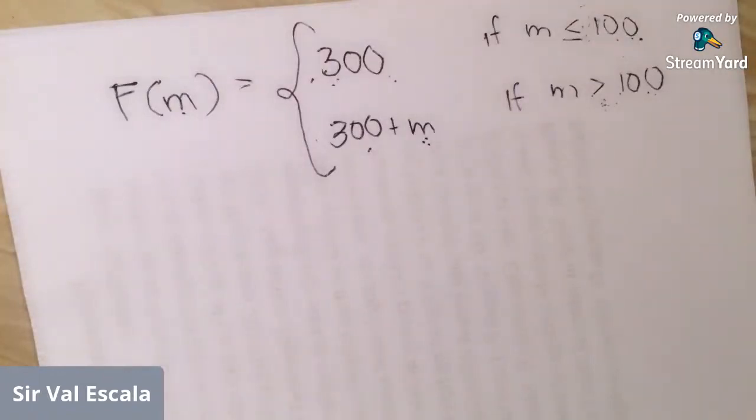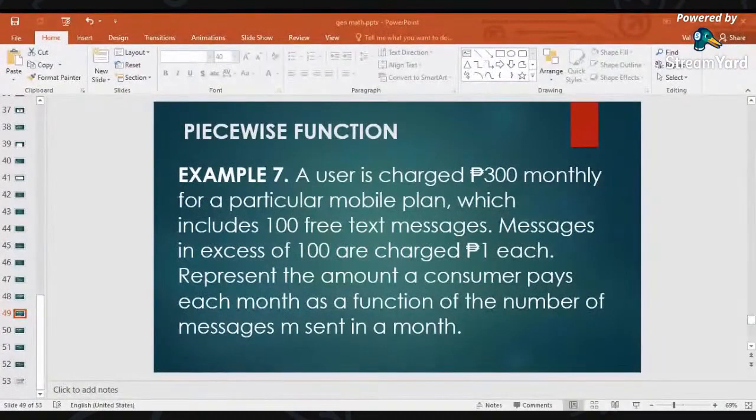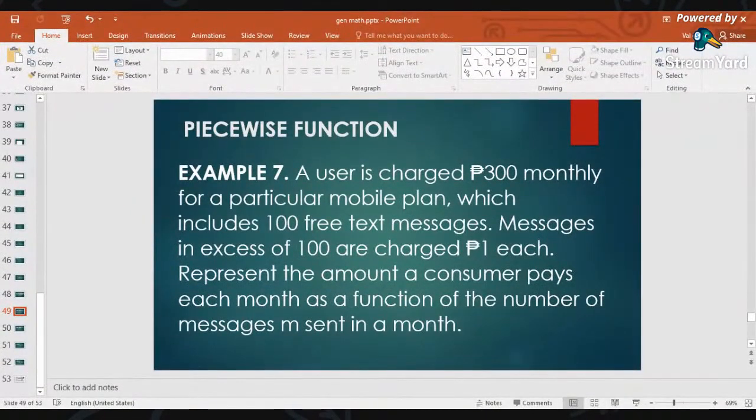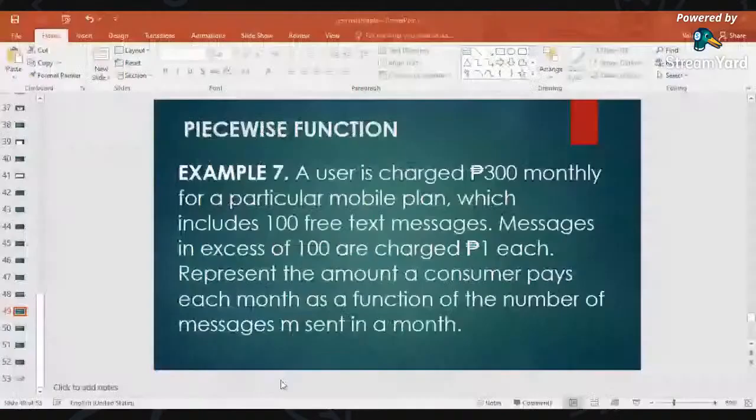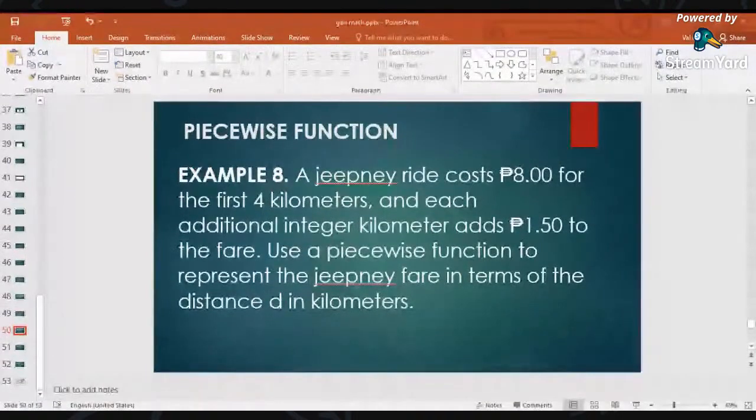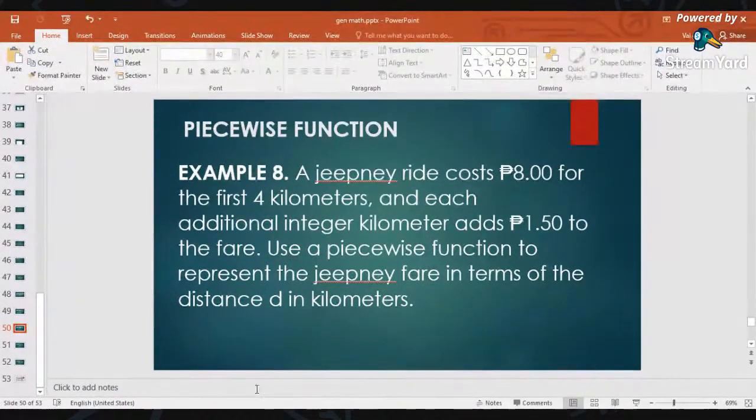Next example. A jeepney ride costs 8 pesos per 4 kilometers, and each additional integer kilometer adds 1.50 to the fare. Use a piecewise function to represent the jeepney fare in terms of the distance d in kilometers. So, analyze din natin mabuti yung problem. Okay.